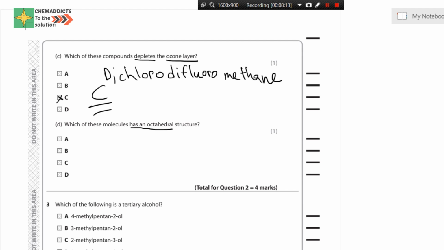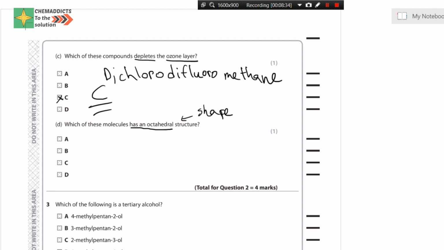It is basically talking about the shape of the molecule. Structure means shape, in other words. Which of these molecules has an octahedral structure?